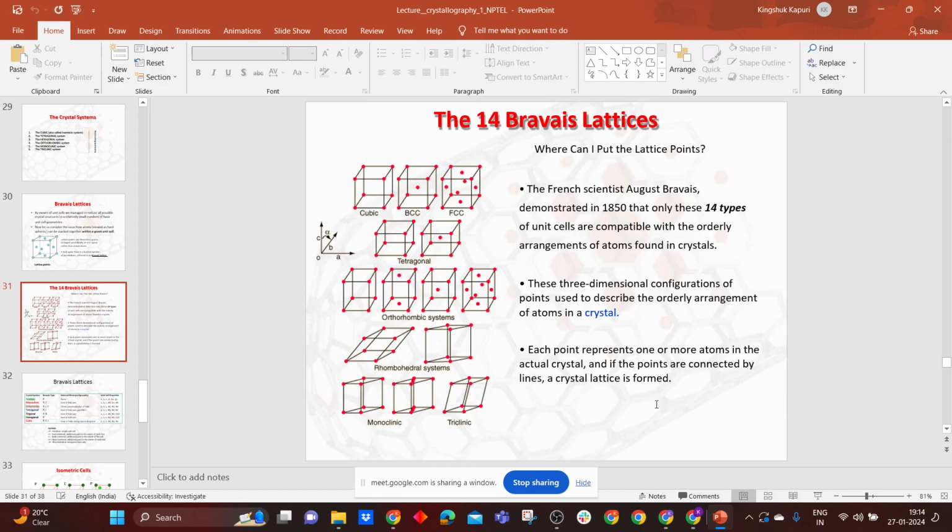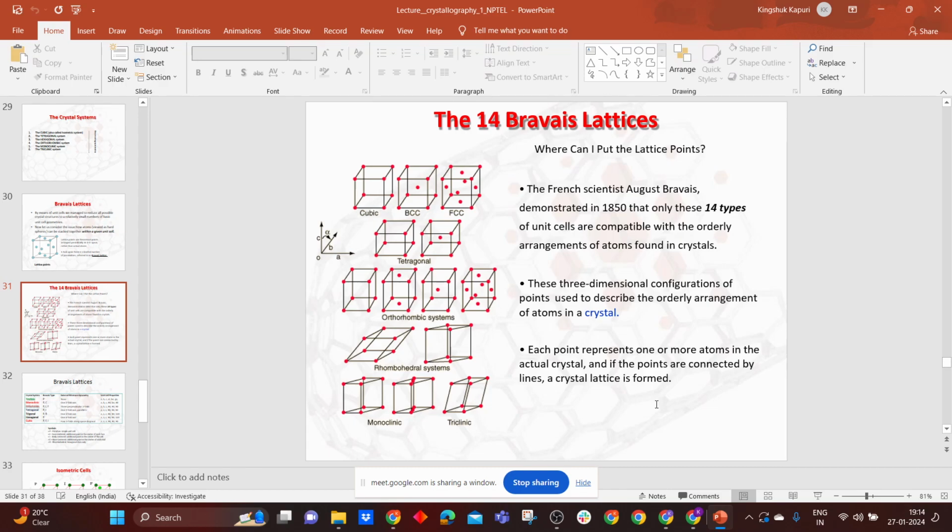When these unit cells are arranged in a particular order, they found that we can order the unit cell in 4 different kinds of arrangement, or combinations of 4, which will make 14 Bravais lattices for all the 6 crystal systems. So that is simple, face centered, body centered, and end centered.